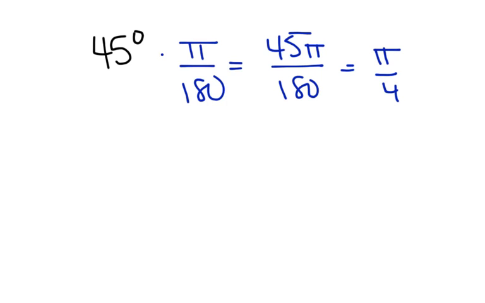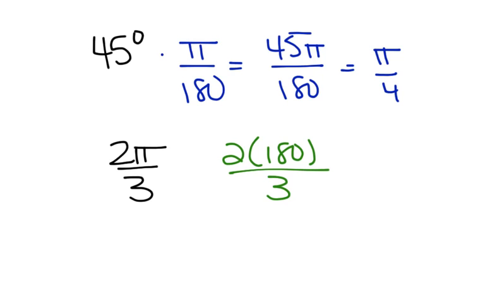And if you have something in radians and you want to change it back into degrees, just replace the pi with 180. I believe that's 120 degrees. Yep. You can multiply by 180 over pi, but look what happens. You end up just doing 2 times 180. Pi is the same as 180, which is why I just replaced it.